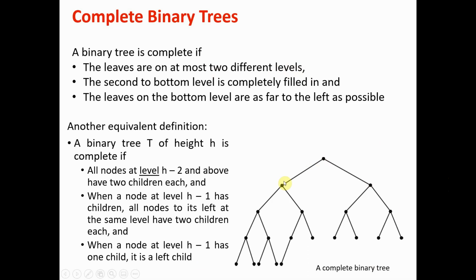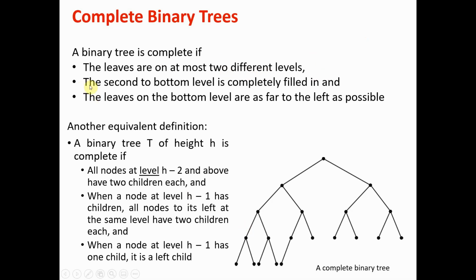This is level 0, level 1, level 2, level 3, level 4. Which ones are the leaves? These 5 nodes and these other 5 nodes here. So these are the leaves. They are located at level 3 and level 4, so they're at 2 different levels. So it satisfies the first condition.